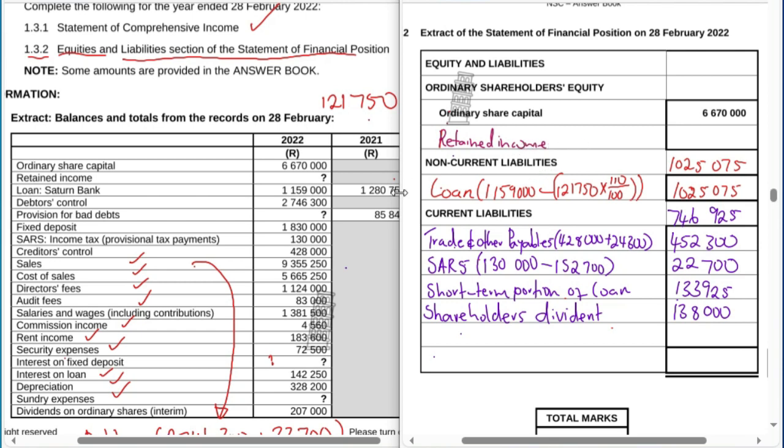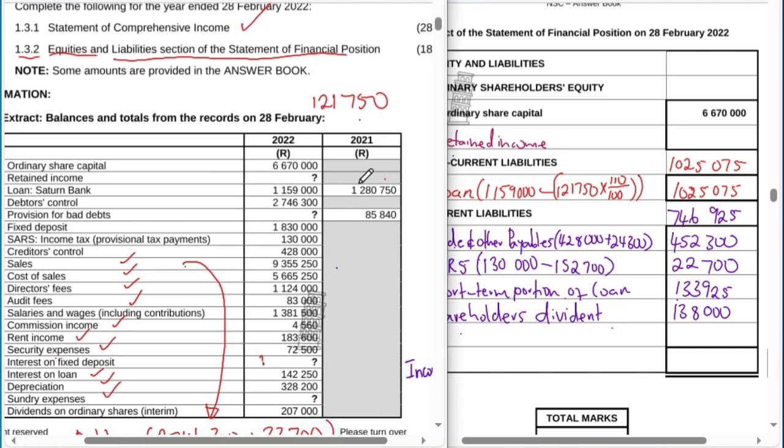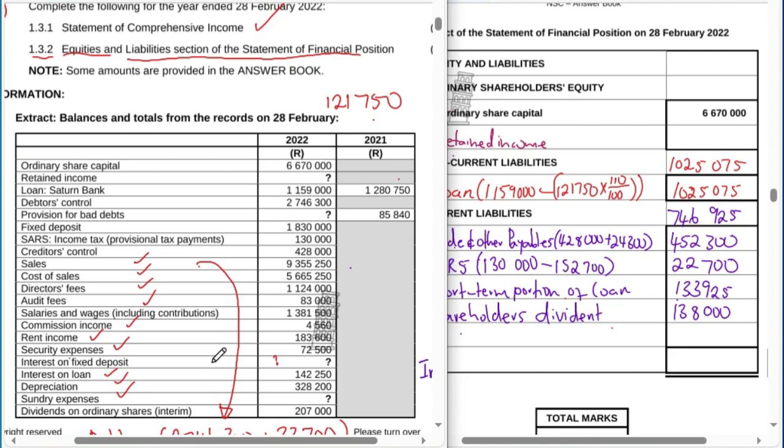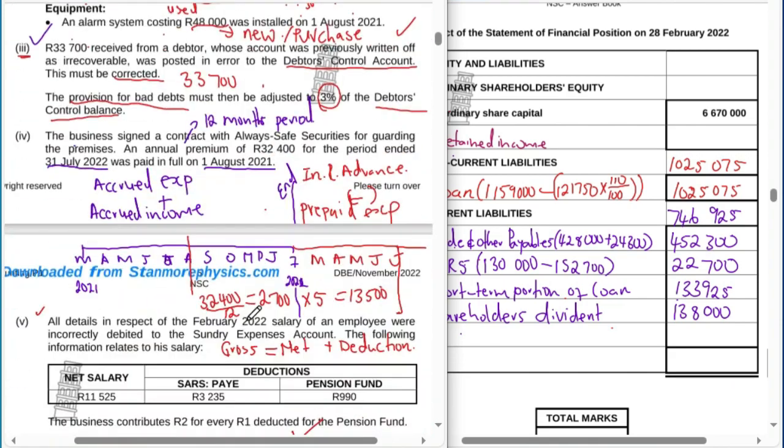So under retained income, from our extract we find out that they did not even give us the opening balance and our closing balance, so meaning we need to look for it. So in this case we need to go to our information and look for anything that is relevant to our shares.